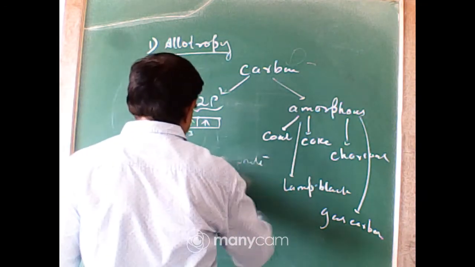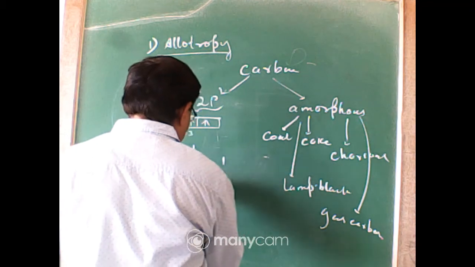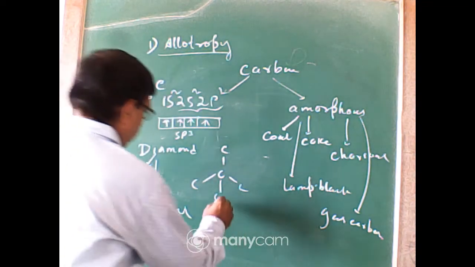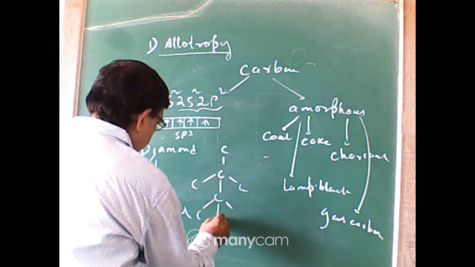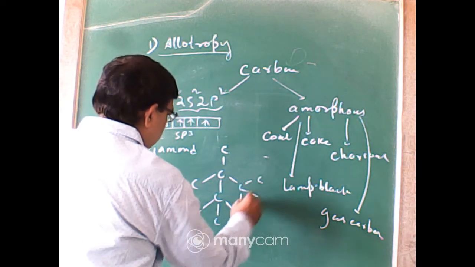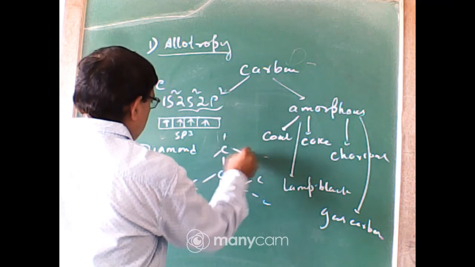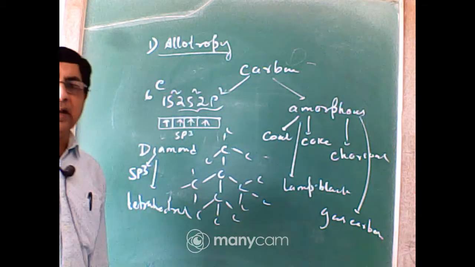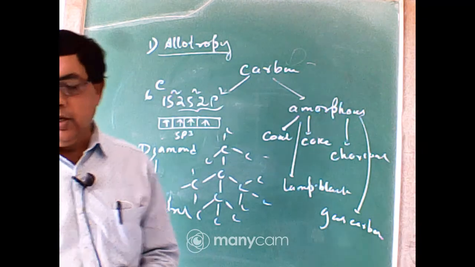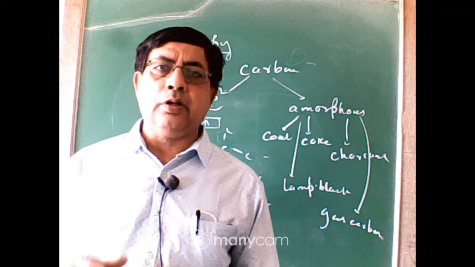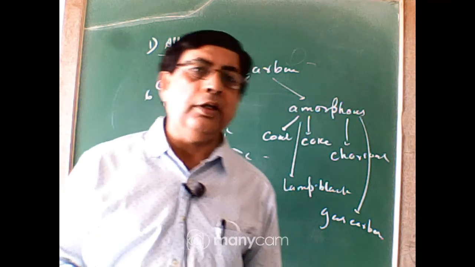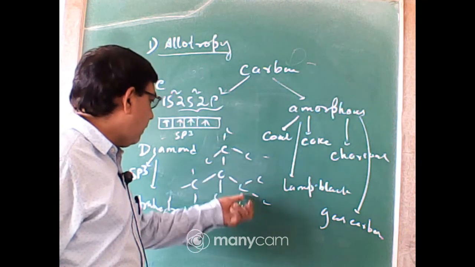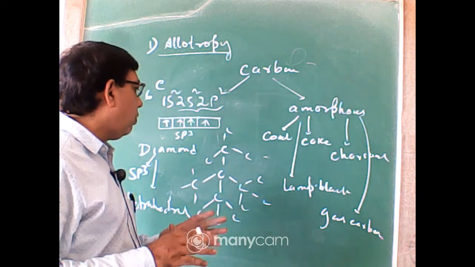With sp3 hybridization, each carbon atom is linked with 4 neighboring carbon atoms by strong covalent bonds. This carbon is again linked with 4 carbons, and so on. In this way, a 3-dimensional network structure is formed. Due to this structure, diamond is very hard, because one carbon atom is surrounded by 4 neighboring carbon atoms by strong covalent bonds.